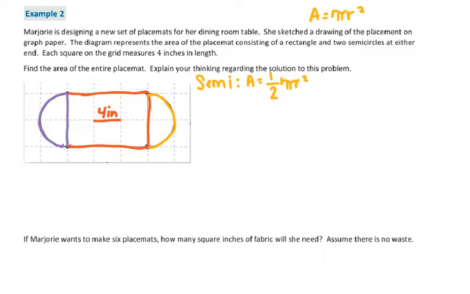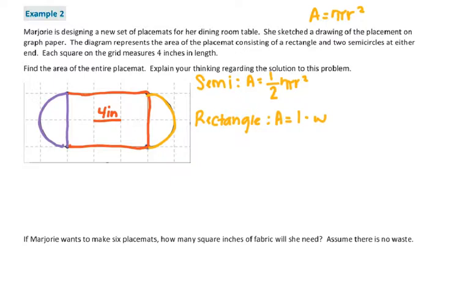So since we're looking at half a circle, we're going to multiply it by 1/2. So that's the area of a semicircle. Now we also need to find the area of a rectangle. We've not talked a lot in detail about finding the area of a rectangle, so I want to remind you guys that we find the area of a rectangle by length times width.